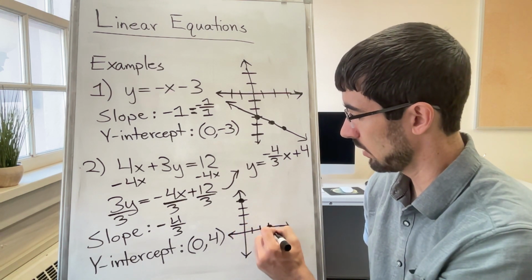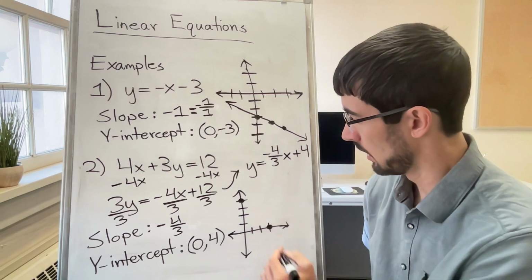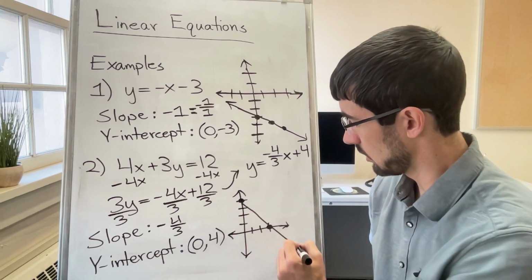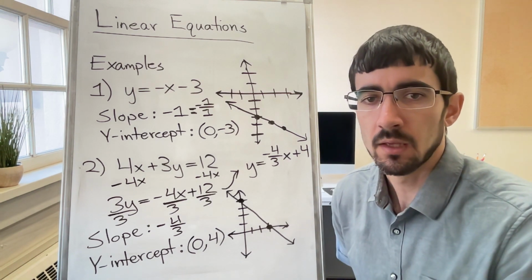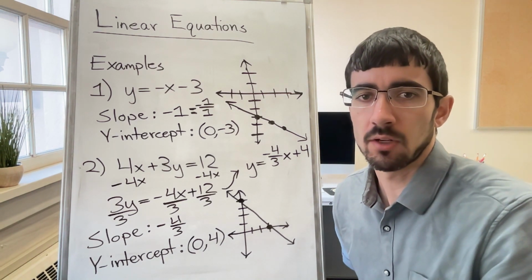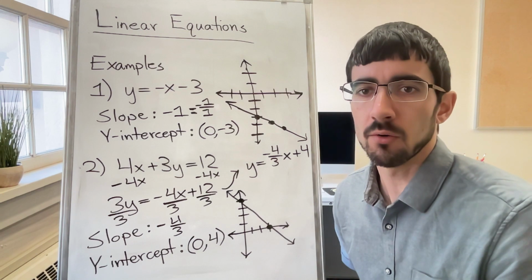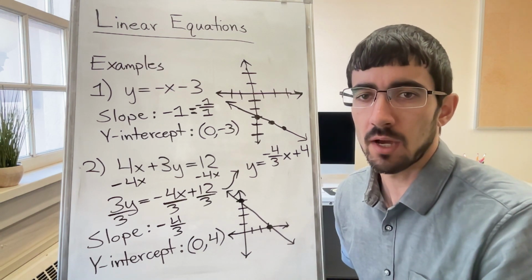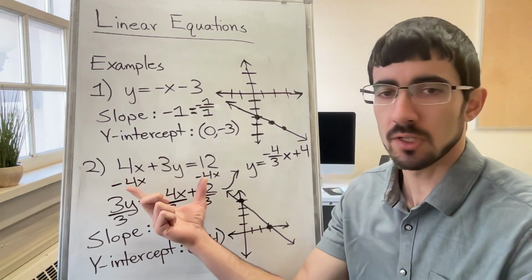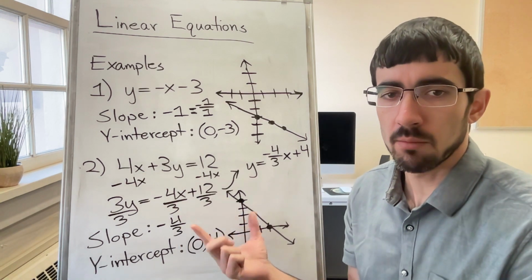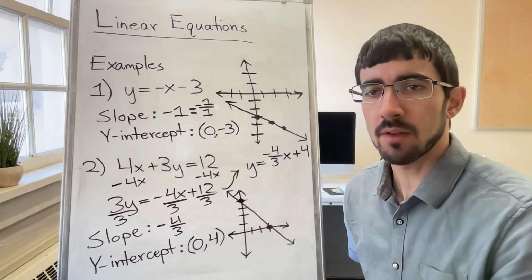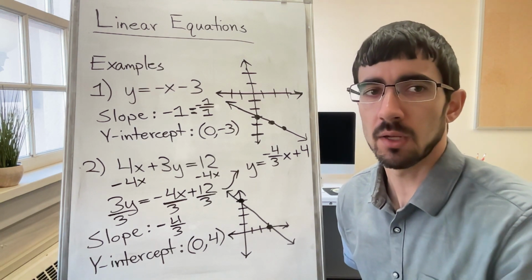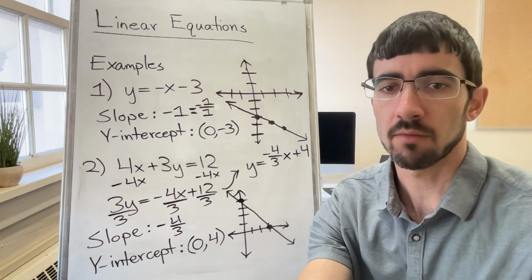That gets me here to this point, (3, 0), and I can connect these two with a straight line. This method of graphing a linear equation is called using the slope and the y-intercept to graph. So I'm rewriting the equation in slope-intercept form, and I'm using this information about the slope and the y-intercept. That's not the only way to graph a line, but it is one good way to graph a line.